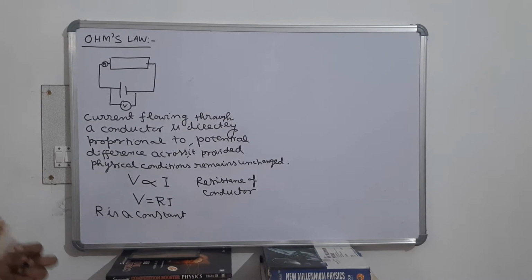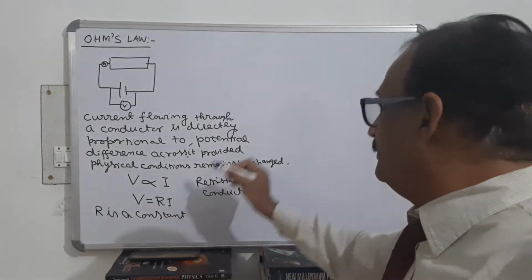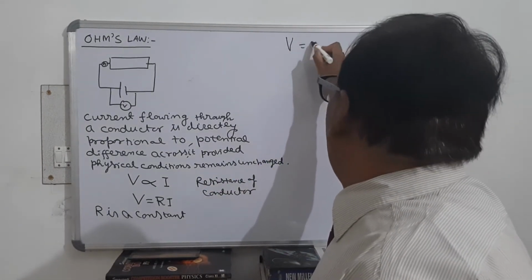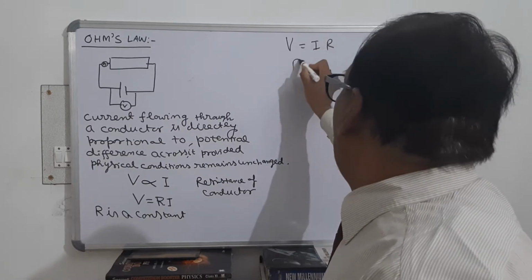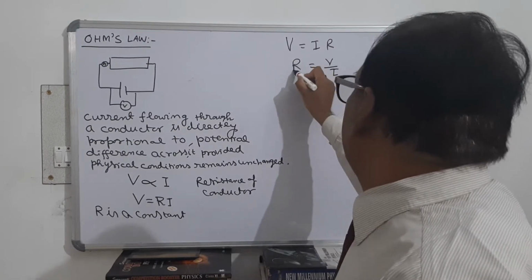Resistance is that property of matter due to which it opposes the flow of current through it. V is equal to R into I. R is a constant for a particular piece of material. Therefore, R is equal to V upon I. This resistance is a scalar quantity.